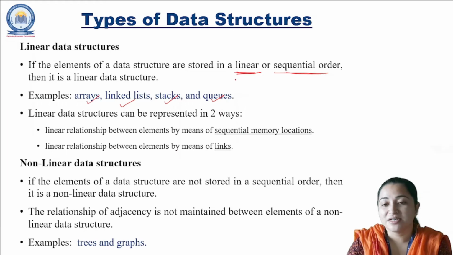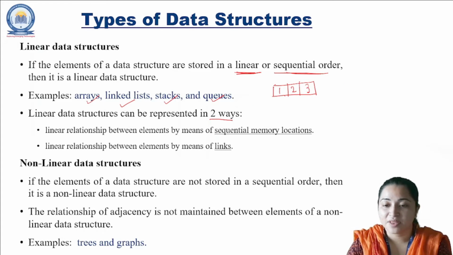Now, this linear relationship can be represented in two ways. Linearly means they may be stored at sequential memory locations. For example, in case of arrays, we store elements in sequential memory locations.